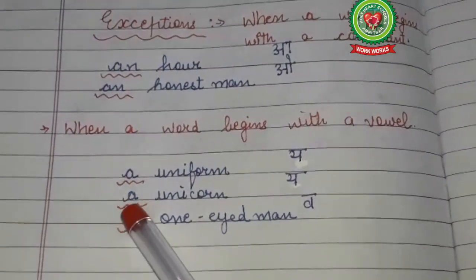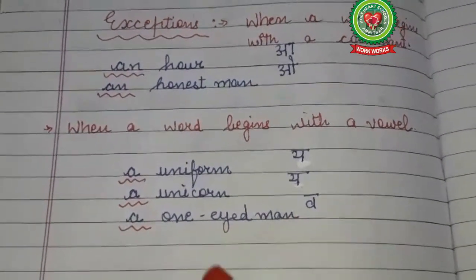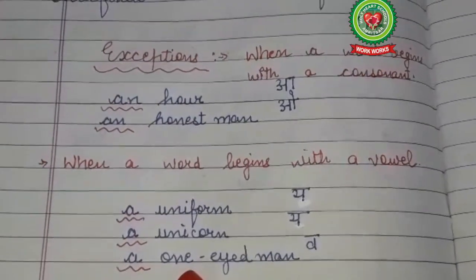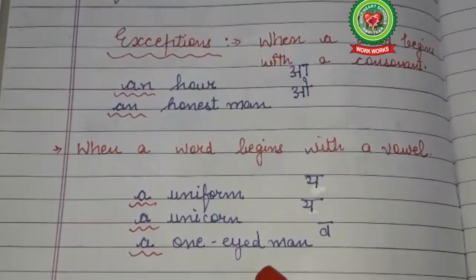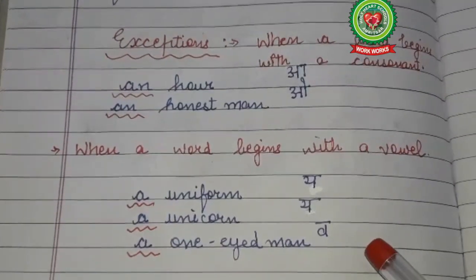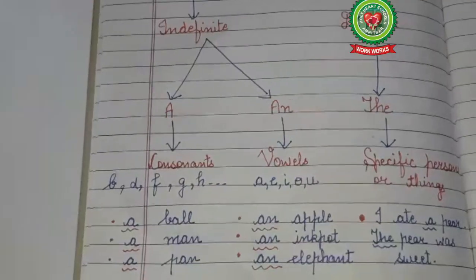So here we have used the article a. Number 3, a one-eyed man. Here also the word is starting with the letter O, that is a vowel, but it is giving the consonant sound W. So here we also use the article a.